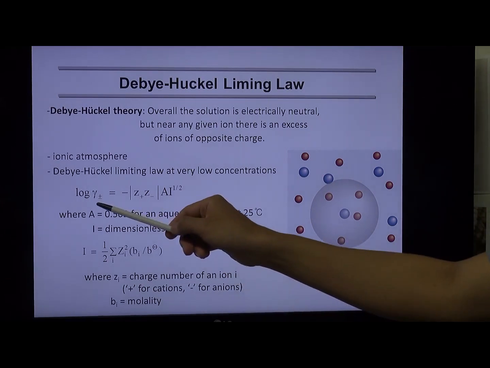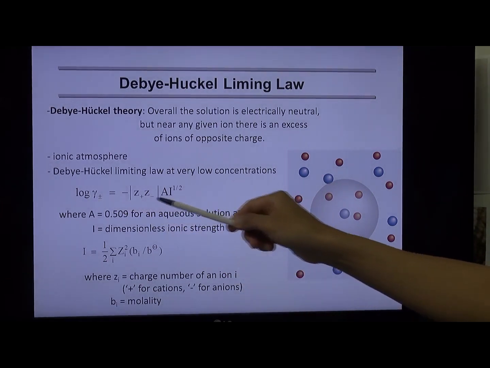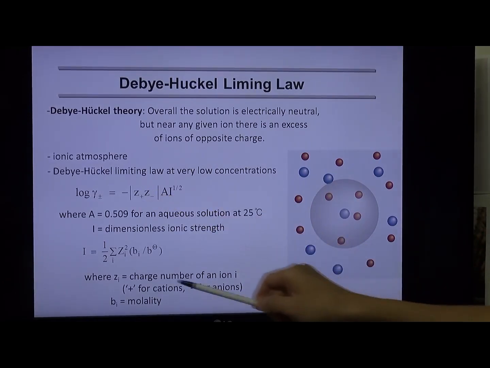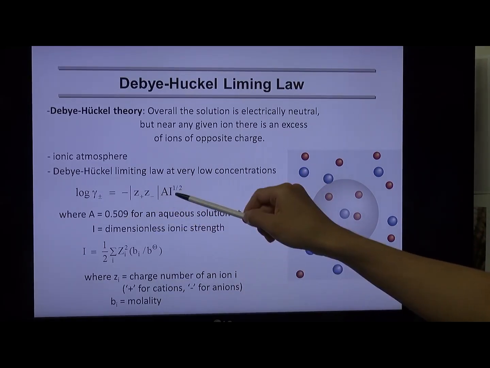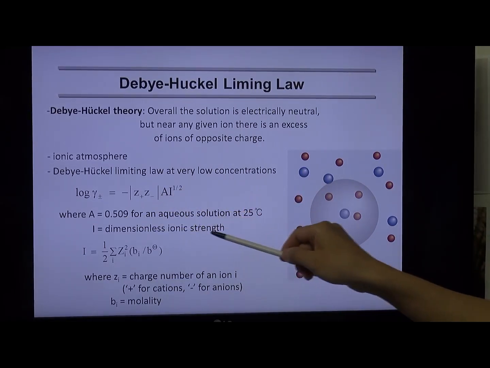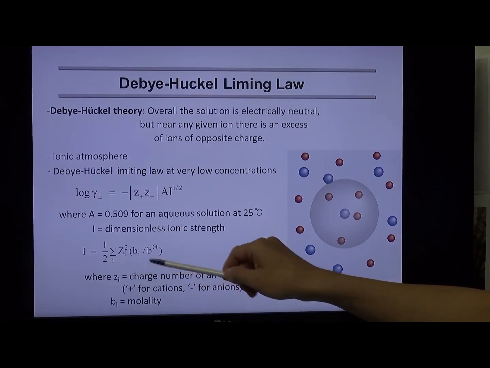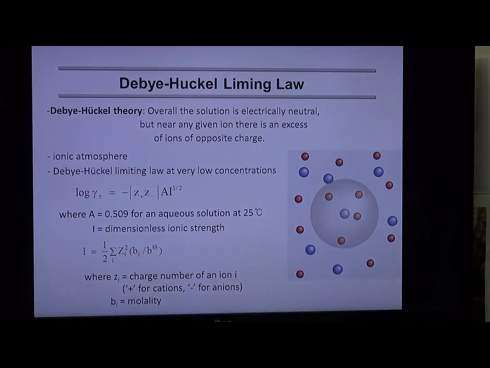So log gamma plus minus is represented as minus A Z plus Z minus root I. Here Z represents the charge number for ions, A is just a constant, and I is called the ionic strength, which depends on the concentration and charge number.